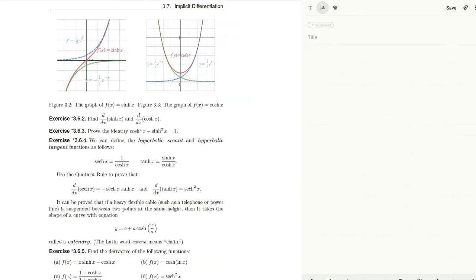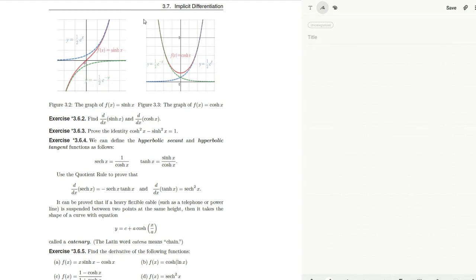Now on the left is the graph of the hyperbolic sine function, which is given by this red curve. And the behavior for large negative values of x will be similar to the exponential function. Similarly, for large positive values of x, the end behavior of the hyperbolic sine function will be very similar to this exponential function.